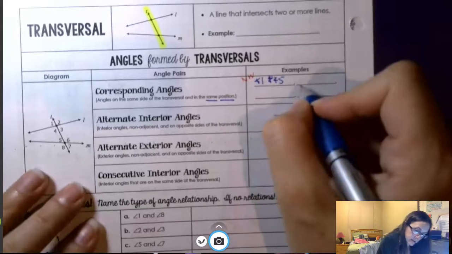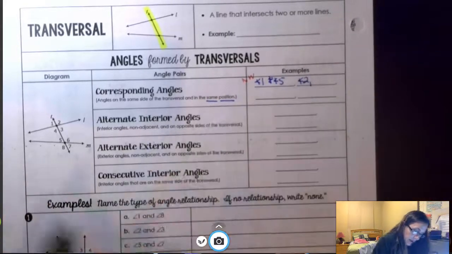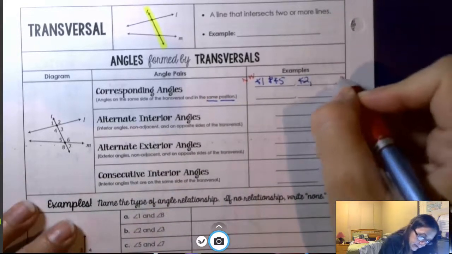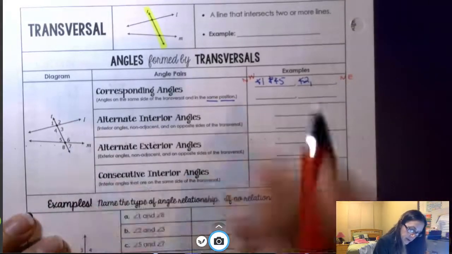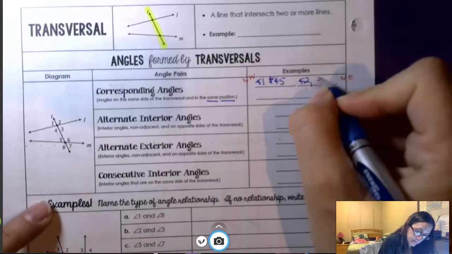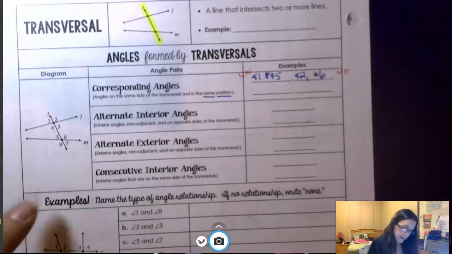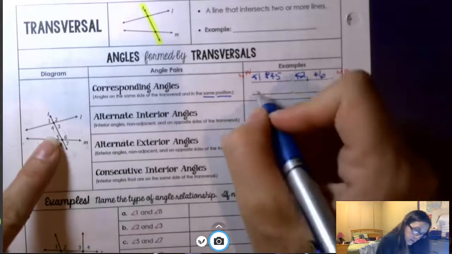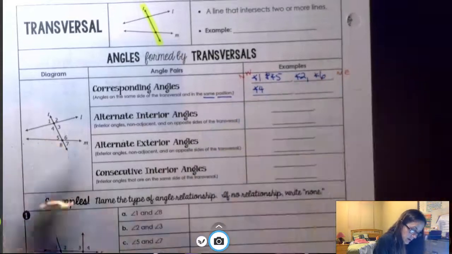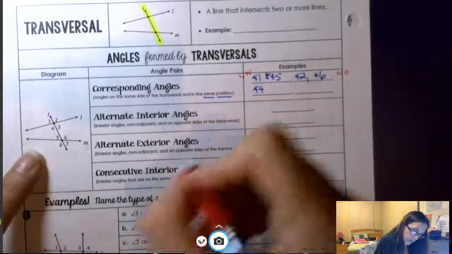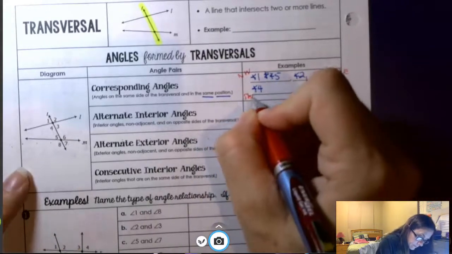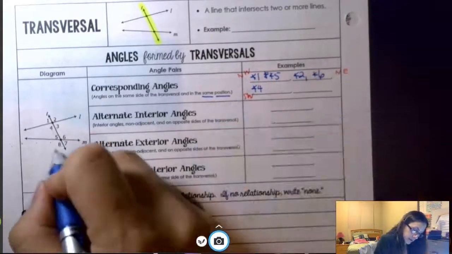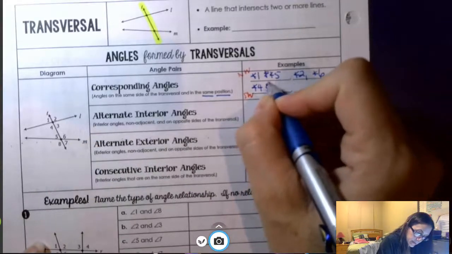So let's pick angle 2. Angle 2 is in the northeast. Well, what's in the northeast down here? Angle 6. Down here, we have angle 4. It is in the southwest. So the southwest here is going to be angle 8.